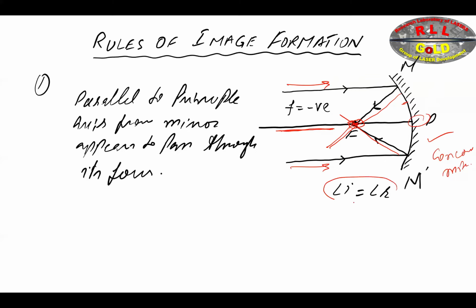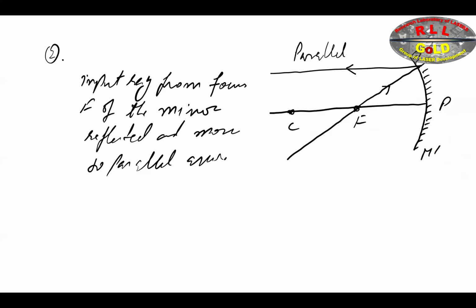This simply shows that the angle of the incident ray is equal to the angle of the reflected ray. Now, if we move to the second rule, what it shows: if the incident ray is passing through the focal point, or passing through the F, then the reflected ray will follow this path, which is parallel to the principal axis.